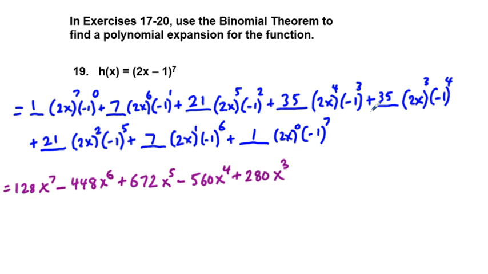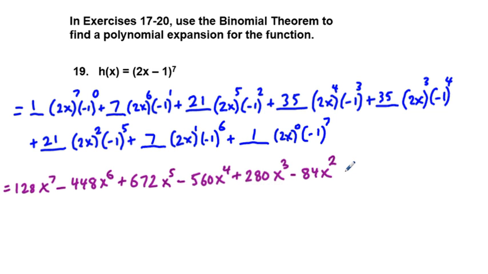The rest of the ones we should be able to do in our head. The x squared one is going to be negative 1 to the 5th. That's going to be negative or minus. And then 2 squared is 4. So we're going to have 4 times 21, which is going to be 84x squared. And then our last one, not our second to last one, we have negative 1 to the 6th power.